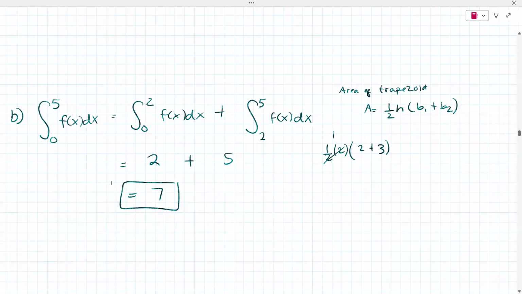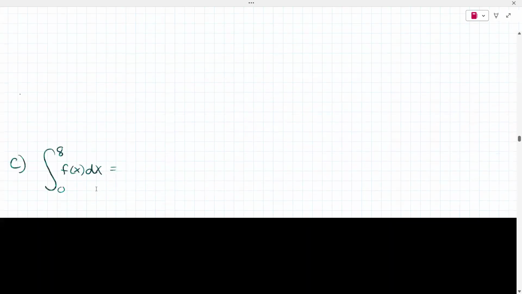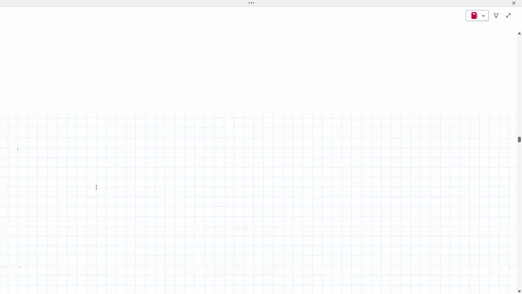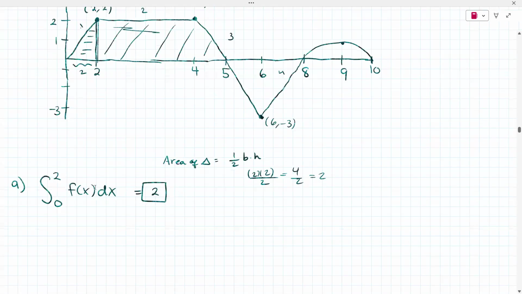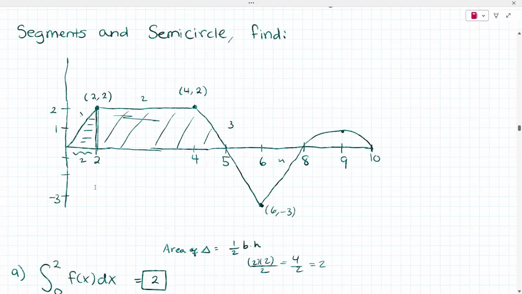C, what is the integration from 0 to 8 of f of x dx? So from 0 to 8, it goes from 0 to 2, from 2 to 5, and then 5 to 8, right?